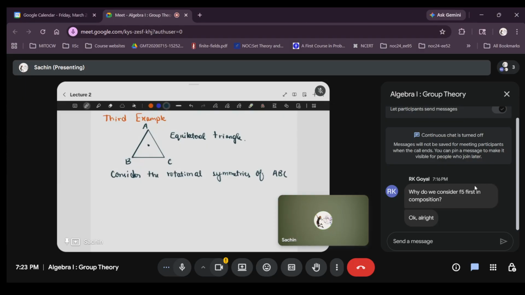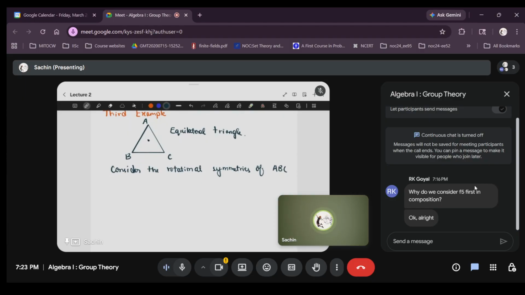Those are the symmetries of the figure, and rotational symmetries are if you take the triangle out of the plane and then rotate it along the center and put it back in the same place where you had taken it out, those would be our rotational symmetries.